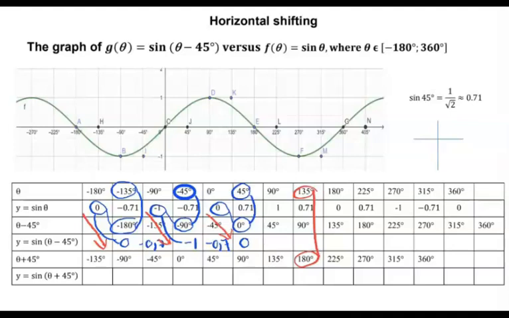But that is the same value as the 0 there, so I must plug in that 0 value here for 135 degrees. If I look at 225 and I add 45, I will get 270 degrees, but that happened there, so I must put that value here, which is minus 1.